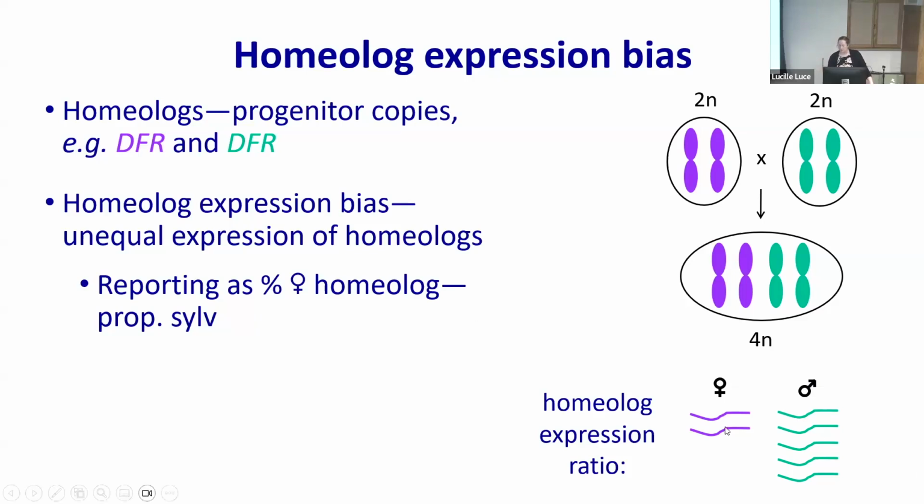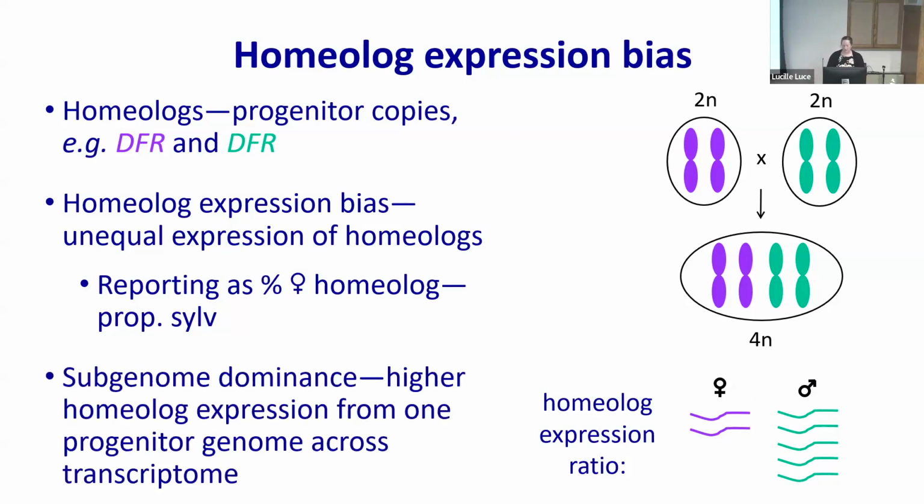So for example, down here, we have more copies or more transcript of our paternal copy than our maternal copy. So that would be an expression bias towards the paternal over the maternal. And in the talk, I'm going to be reporting that homolog expression bias as the percent of our maternal homolog that is present, so the proportion of sylvestris in these polyploids.